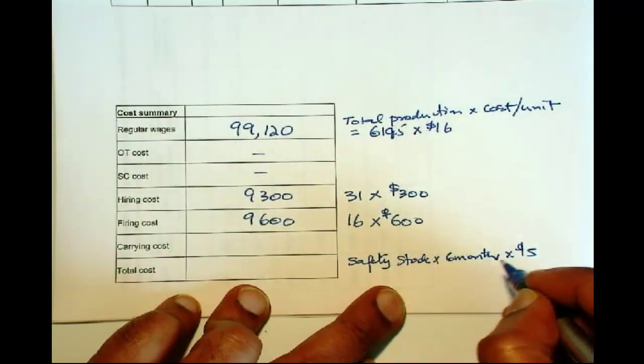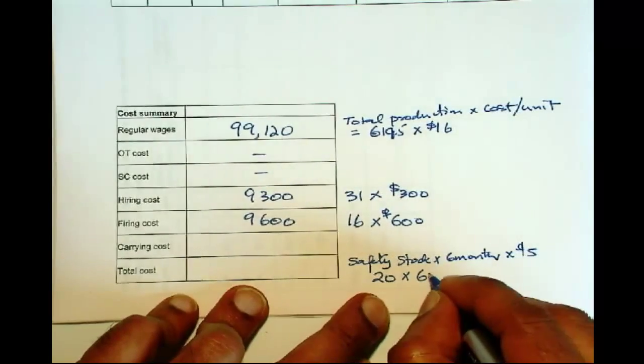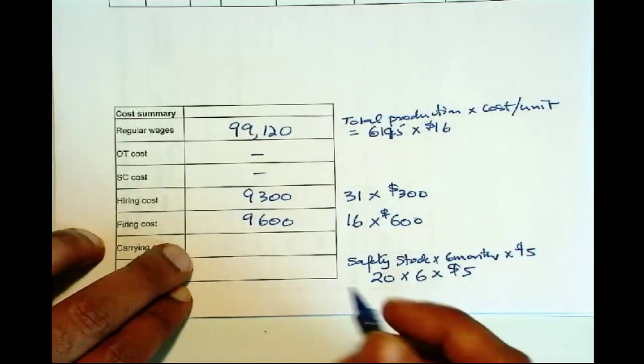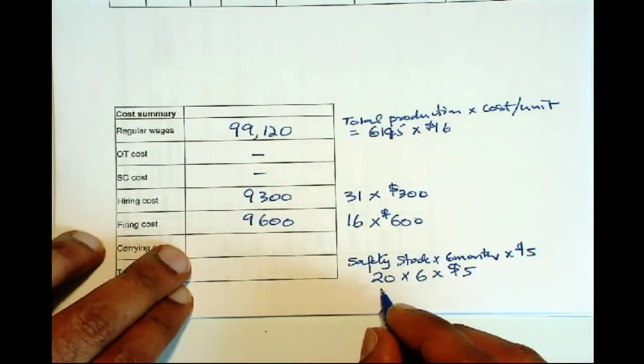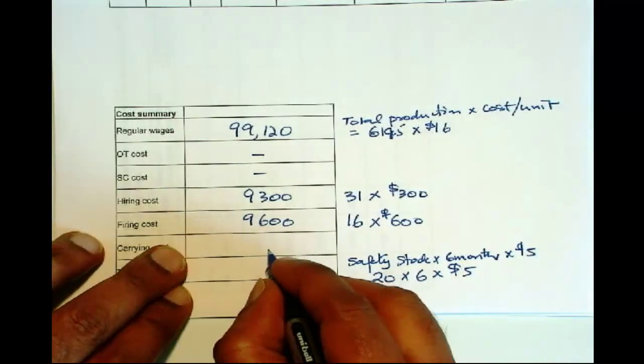Safety stock 6 months and $5. So safety stock is 20 units, 6 months, $5. So that will give us $600.